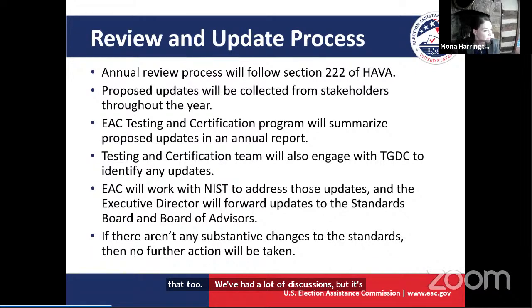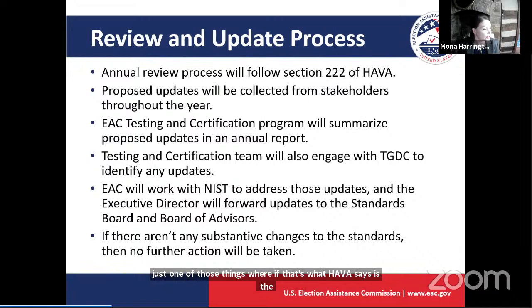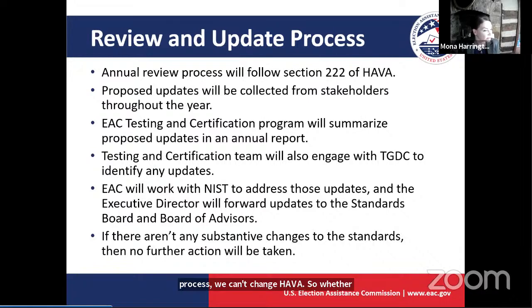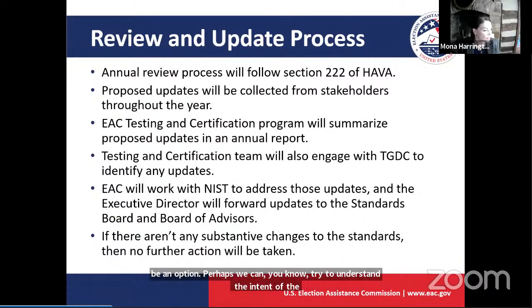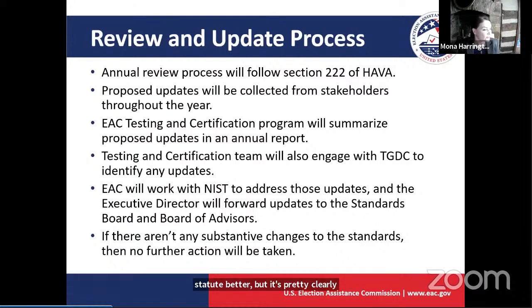Whether that means trying to get an opinion from the GAO, which typically takes a couple of years, that may be an option. Perhaps we can try and understand the intent of the statute better, but it's pretty clearly defined that the VBSG is policy. And if the VBSG is not policy, what is policy? And why do we have commissioners? It's a hard legal challenge. It's not the EAC trying to stand in the way of good work and continuous effort of enhanced, improved requirements.